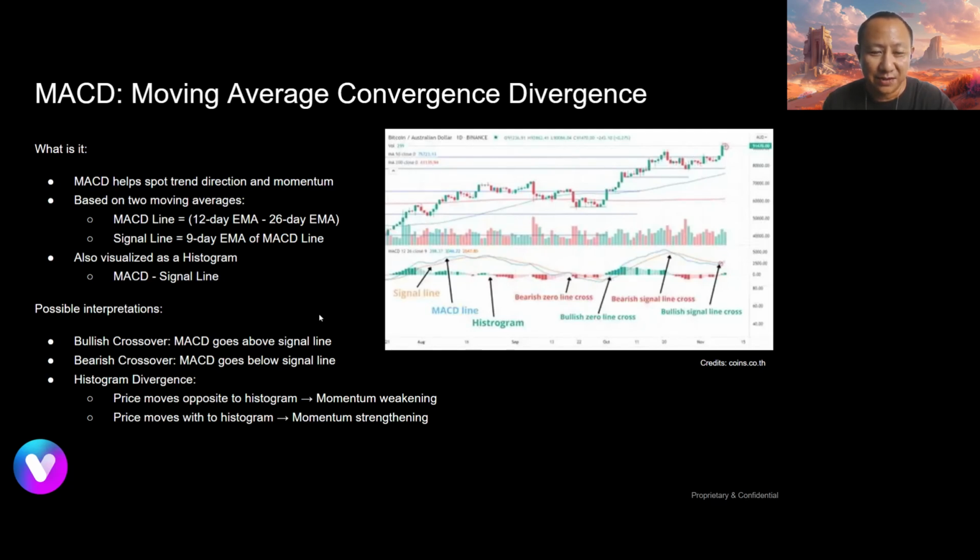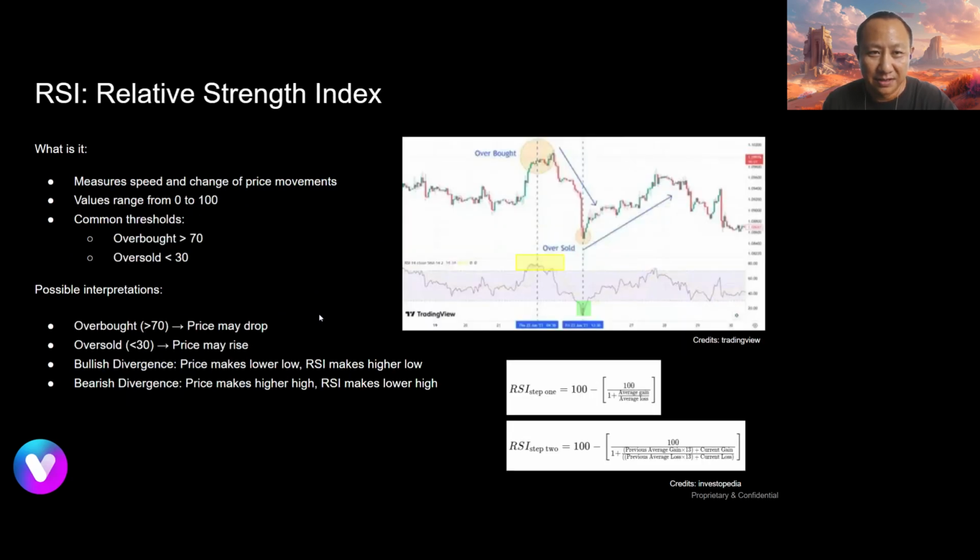So that's on MACD. Let's move on to the second one. All right. The second one is called RSI, also known as the Relative Strength Index. It's a little bit more complicated to calculate, so I've added some formulas here. If you're mathematically inclined or you like to do that as a thought experiment, just go ahead and Google RSI calculation or RSI formula and you'll get the formulas.